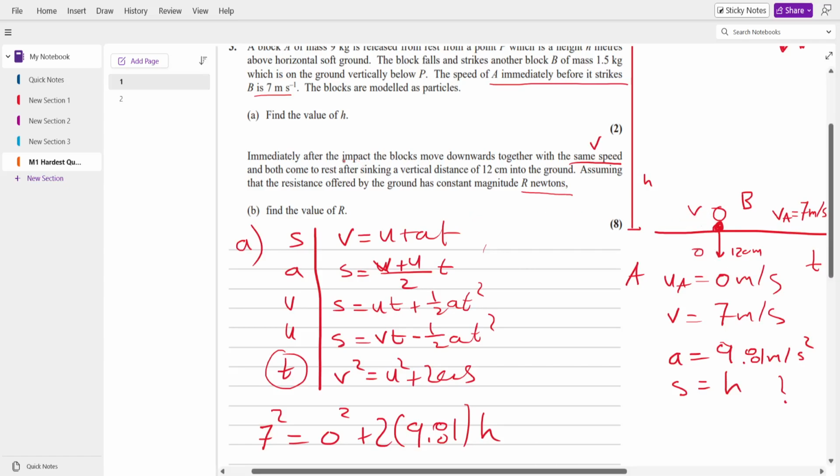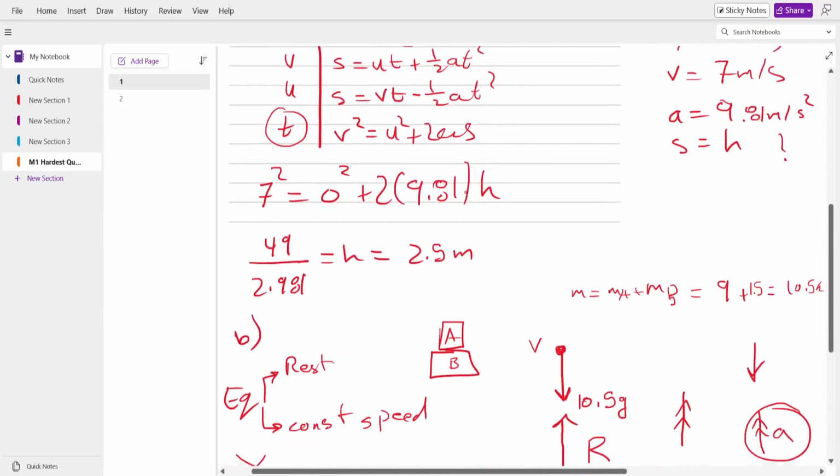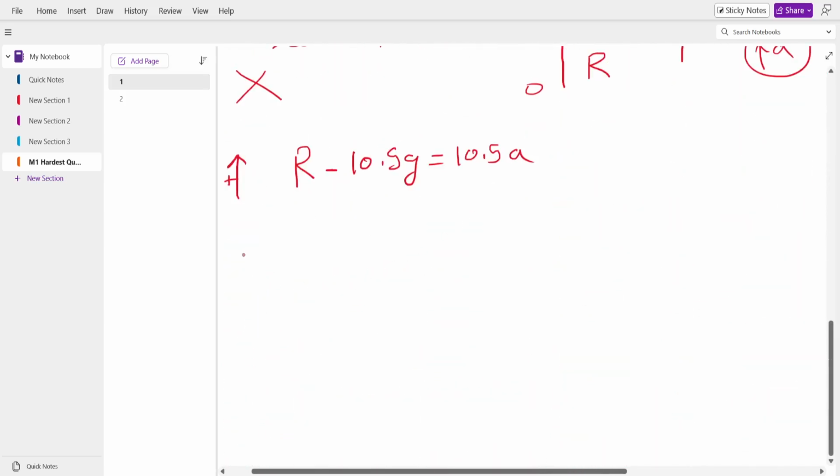As I said, there is an impact that happened. So let me try using conservation of momentum here. Conservation of momentum says that MA UA plus MB UB, so basically the momentum before the collision, equals the momentum after. Since they joined, I will treat them as a single object with the combined mass MA plus MB times the speed v.